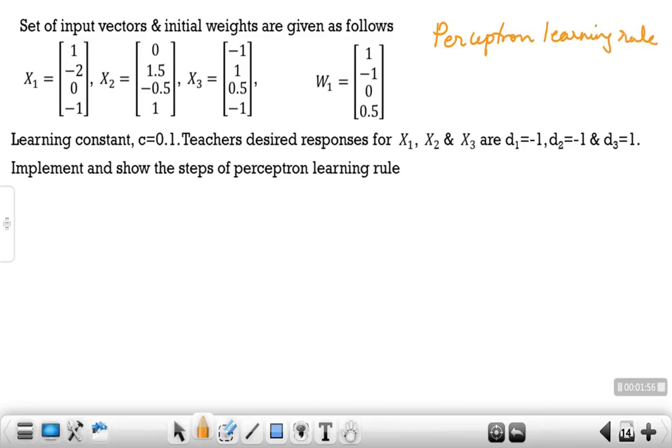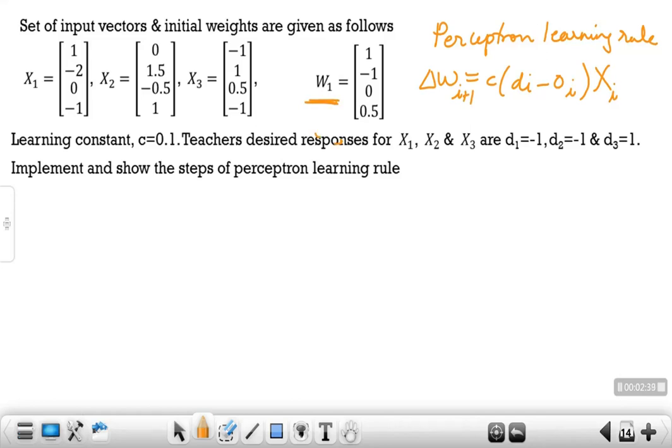That is, what is the weight update equation in the perceptron learning rule. So delta Wi is C times (di minus oi) into x, that is xi.